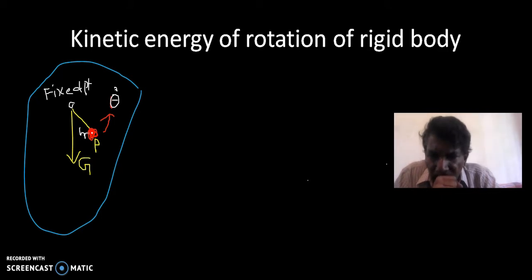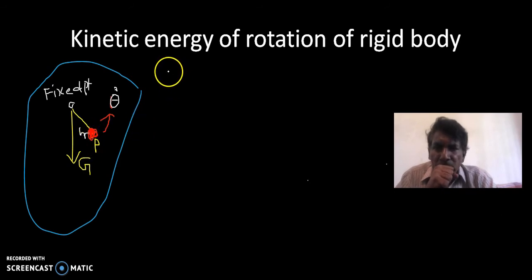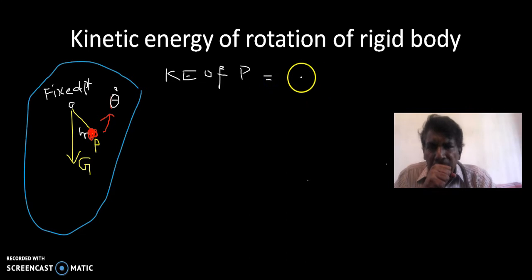The kinetic energy of the small particle P with mass m would be equal to half mv square, where m is the mass of this particular small particle.